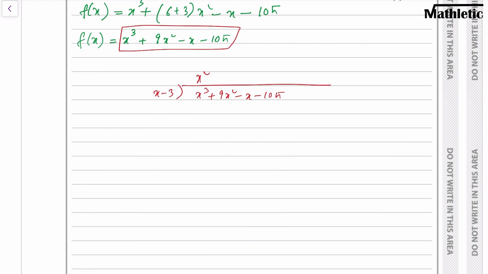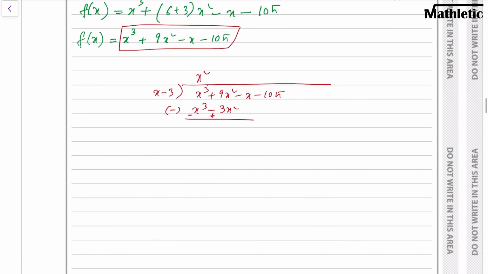So I have selected x squared here, so that when you multiply this, you get x cubed. So x cubed and then 3 into x squared, minus 3x squared. You select a negative sign, so the signs of this second expression change. So the minus will be plus. So this will be cancelled out. 9 plus 3 is 12. Then you shift this minus x here.